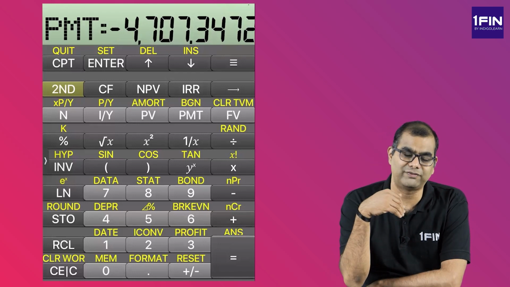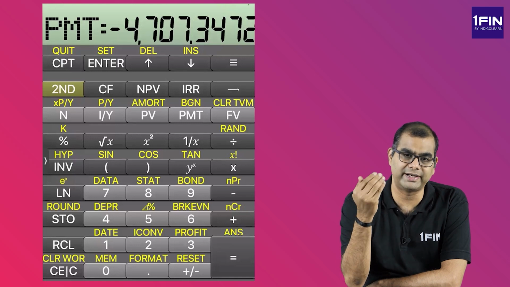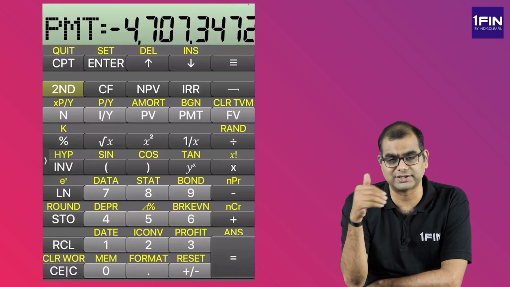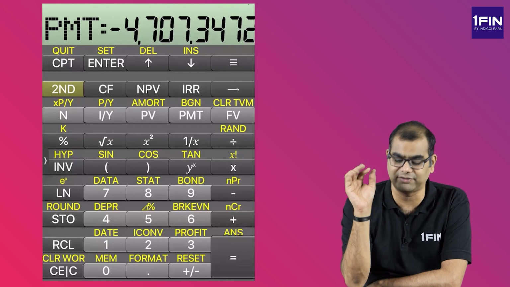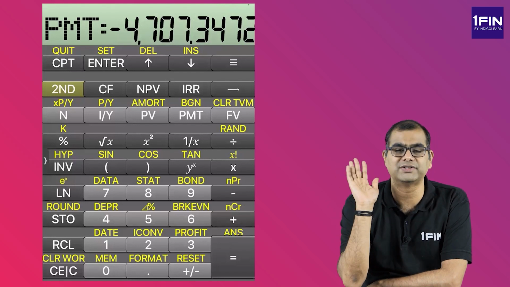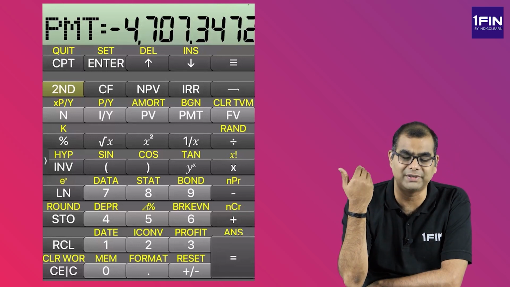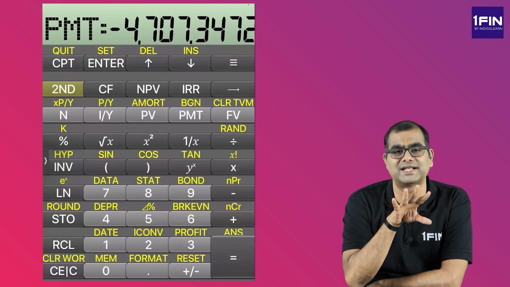So every month you pay 4,707 rupees, and after 2 years, that is by 24 months, you will repay the loan along with 1% interest every month. So the EMI will come to 4,707. Okay, so this is the way in which you can use this particular function for multiple scenarios, any kind of working which involves time value of money.